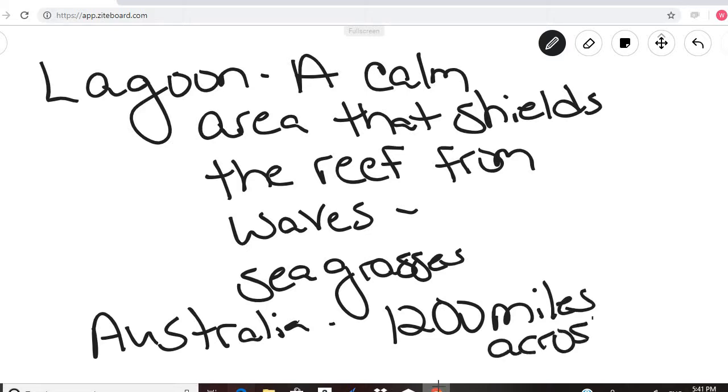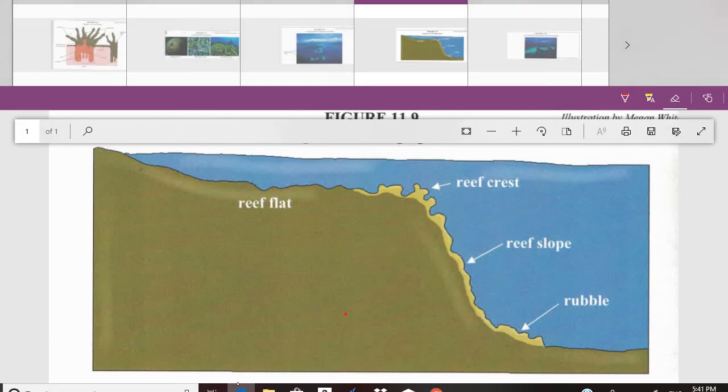So a very large and well-known barrier reef, and the Great Barrier Reef in Australia is actually comprised of just thousands of smaller reefs that combine to form this very large reef.